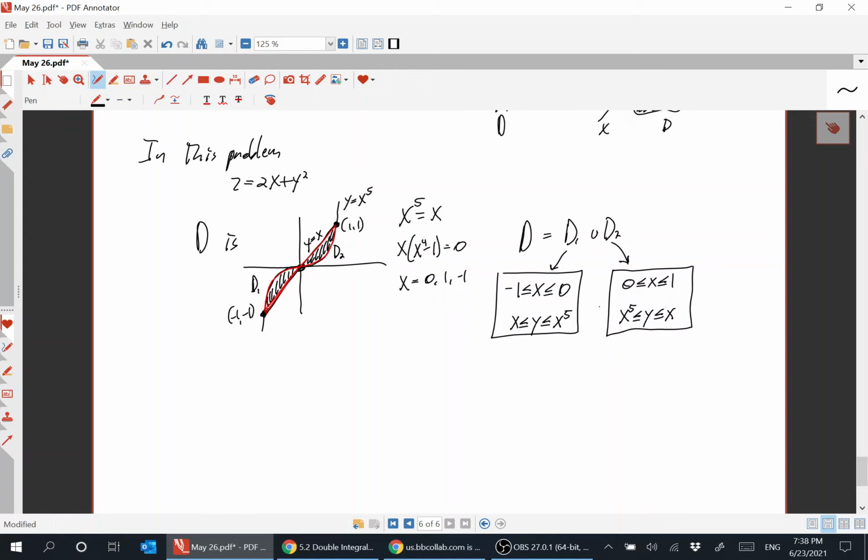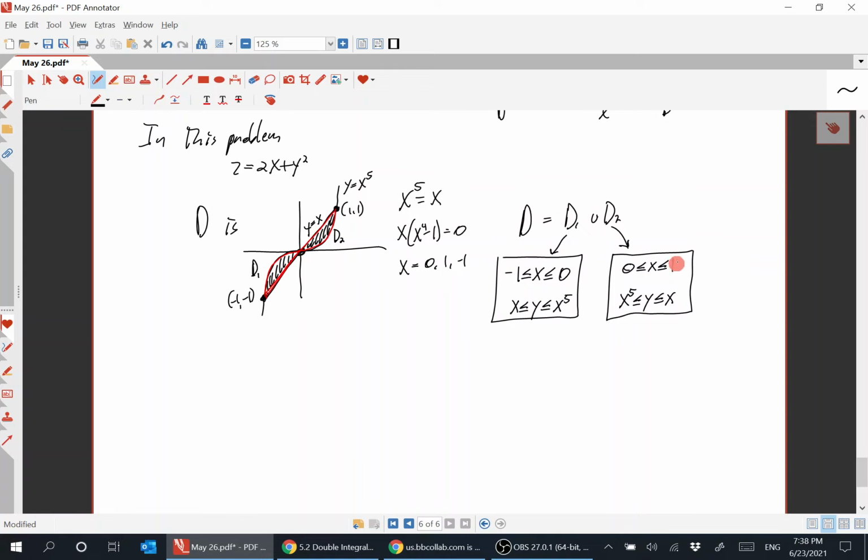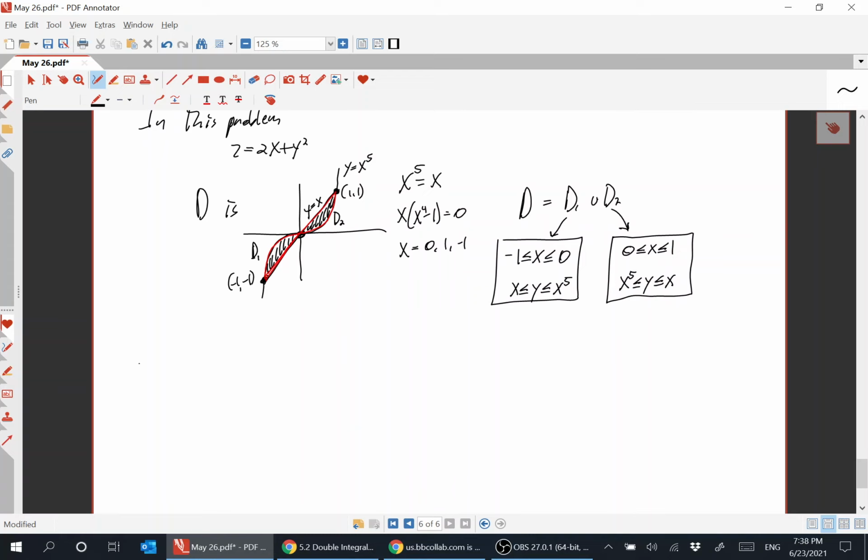Let's see. So over D1, the double integral over D1 of 2x plus y squared dA is the integral from minus 1 to 0, from x to the fifth, of 2x plus y squared dy dx.